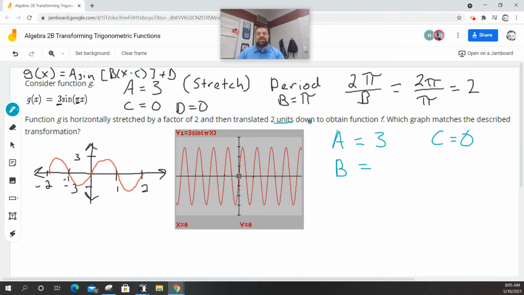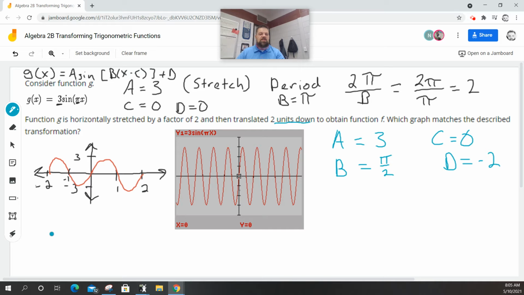But now to go down 2 units, d has to equal negative 2. Okay, so I want the period to equal 4. So I think b has to be pi over 2, I think.